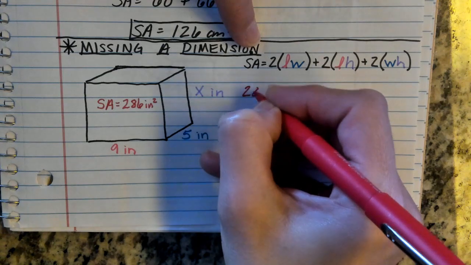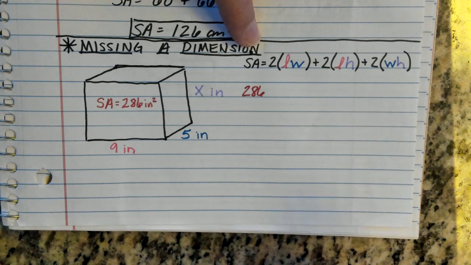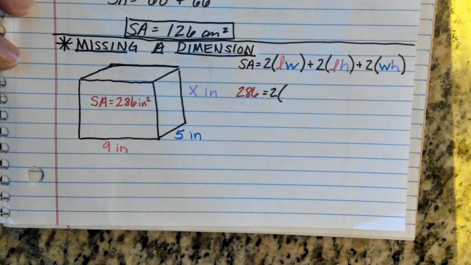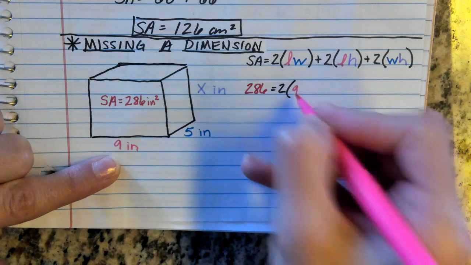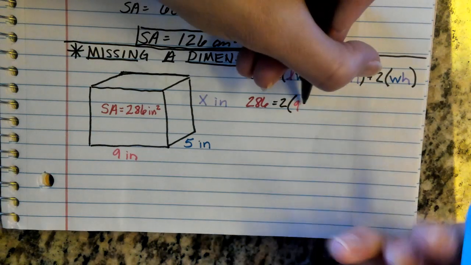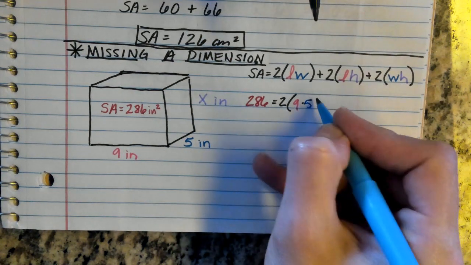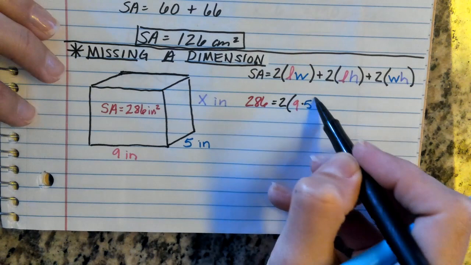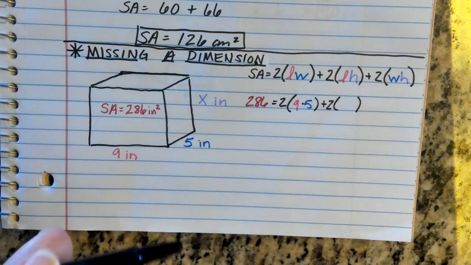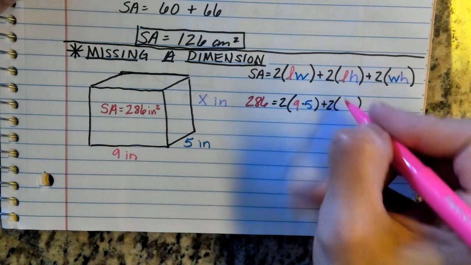So we start off with our surface area that we're told is 286. So we're going to put 286. That will be equal to 2 times our length, which is 9, times our width of 5. We're going to add 2 times our length again, which is 9.